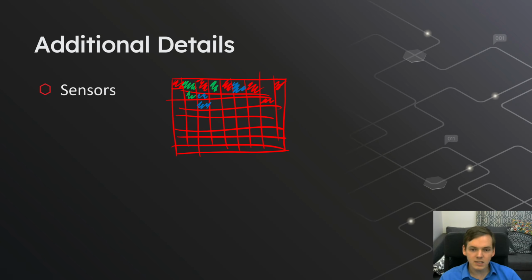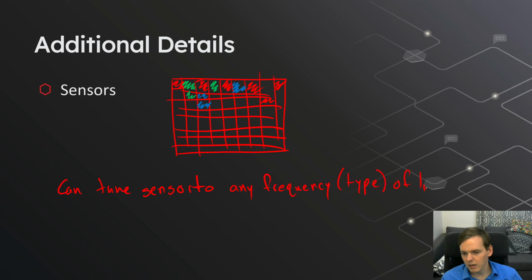Now, unlike our cones, we can create a sensor to be sensitive to any type of electromagnetic radiation. So if we want to, say, have an infrared camera, we can tune the sensor to any frequency or type of light.